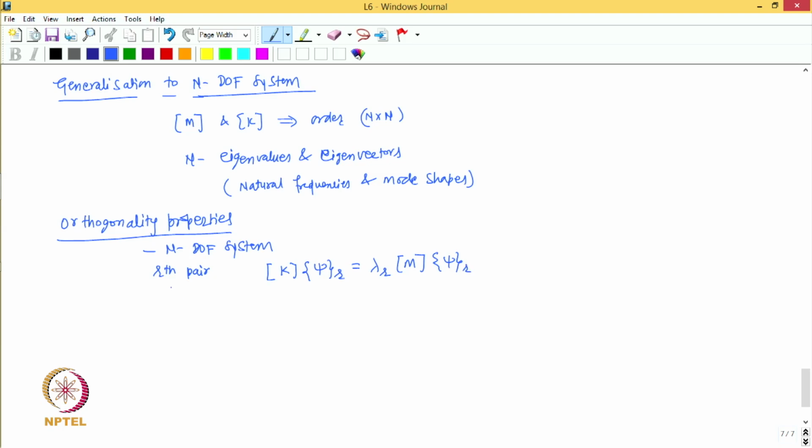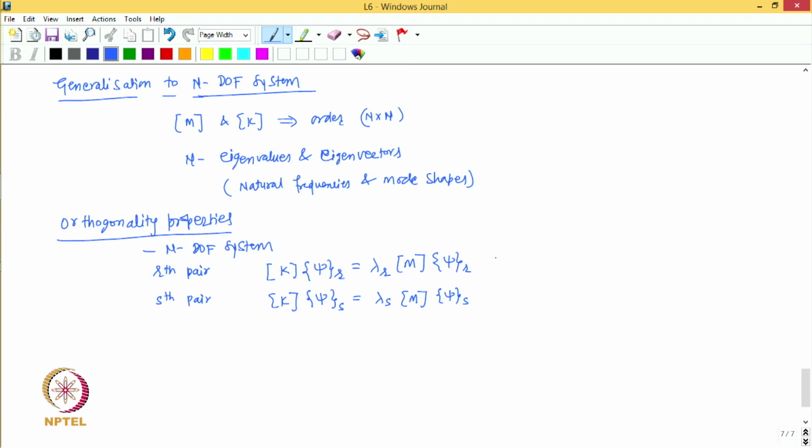And if I take another pair of the eigenvalue eigenvector, the sth pair, then I can write the eigenvalue problem as k psi s is equal to lambda s m psi s.